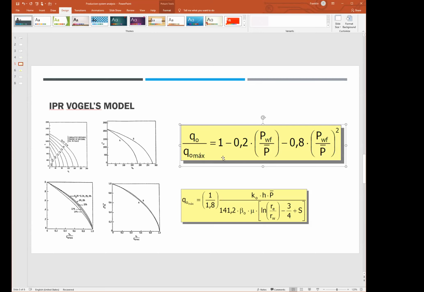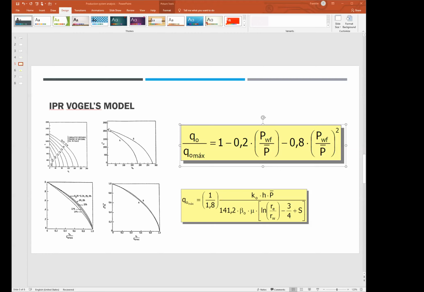But as you can see in this equation, we don't see any reservoir properties related, we don't see a relation with the skin, and we don't see a relationship with the permeabilities. So what we're going to be assuming, and this is a normal assumption, is that whatever reservoir pressure I have, if my reservoir pressure is below the saturation pressure, everything that is above is linear.